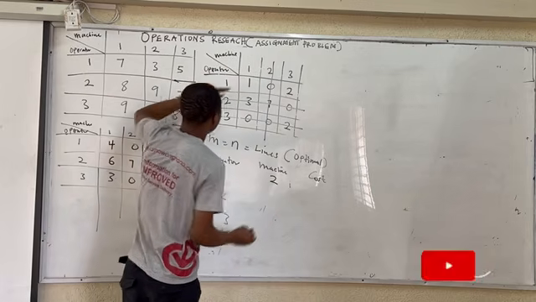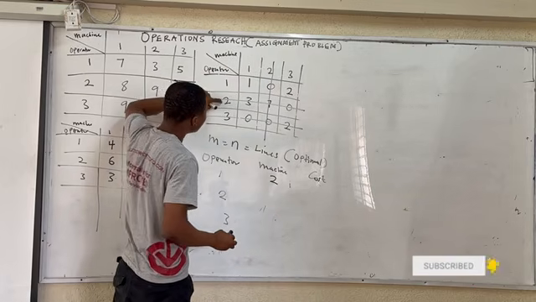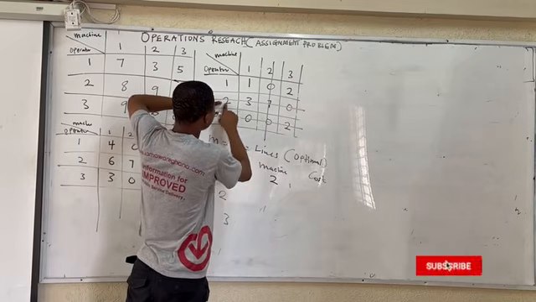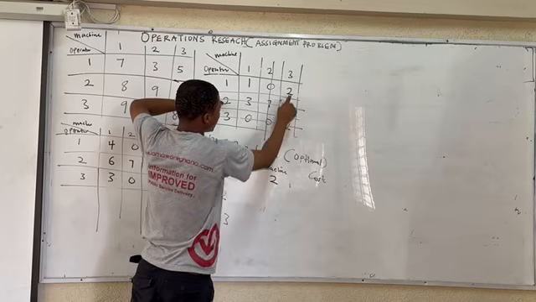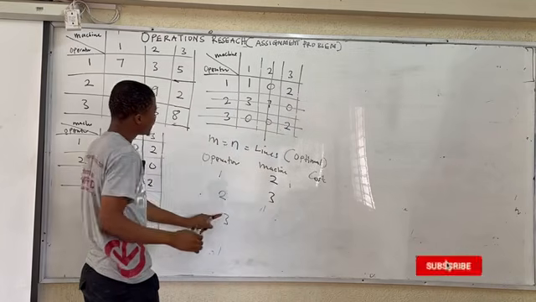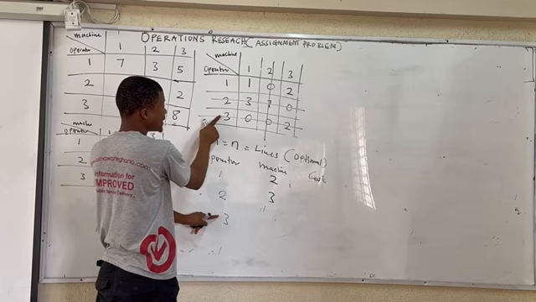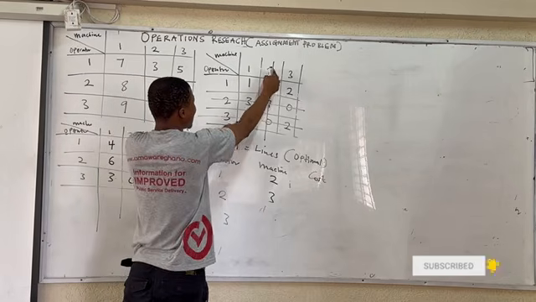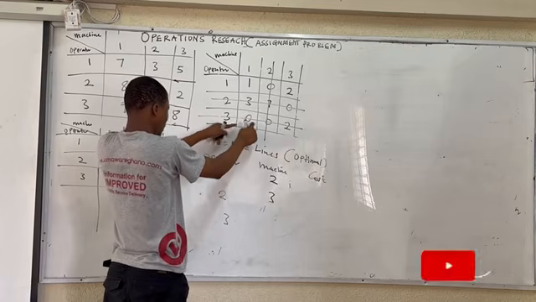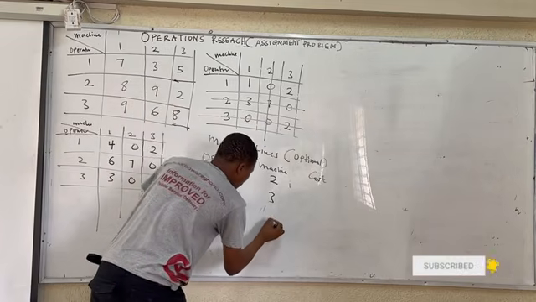Okay. And then operator number 2 will be assigned to machine number 3, because that one has the zero. And then finally, operator number 3: because we have already assigned 2 and 3, the only one we can assign is number 1. So operator number 3 will be assigned to machine number 1.